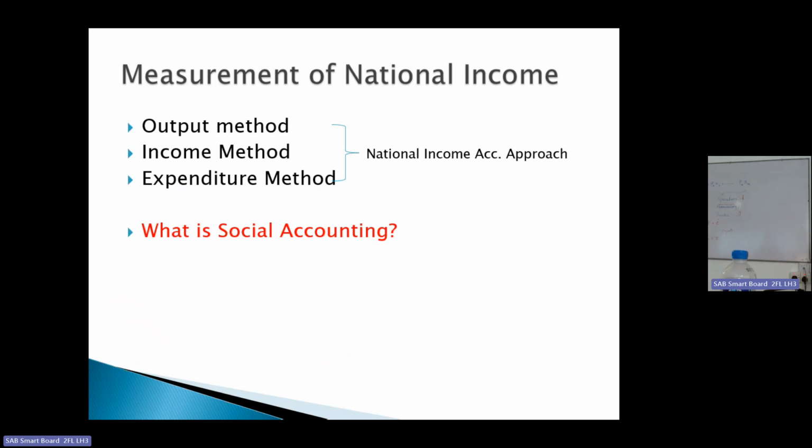Our production plants, we take into account all these things. That is our national system, regardless of the location. We are not worrying about the location. So we take into account all the production output produced by the nationals, locally or internationally. That is the gross national output.